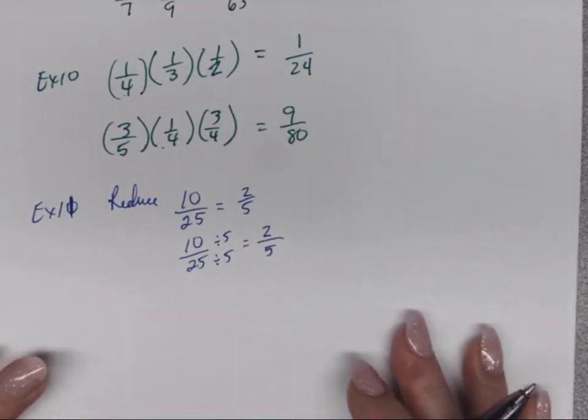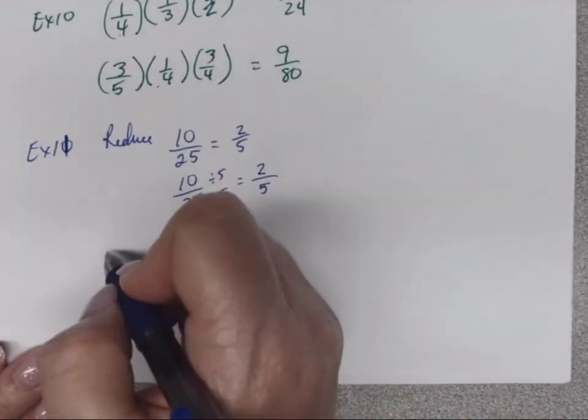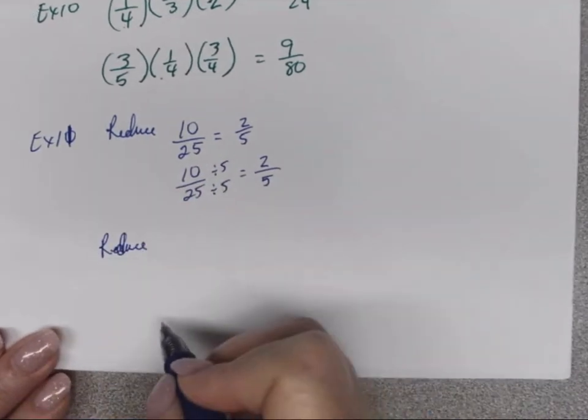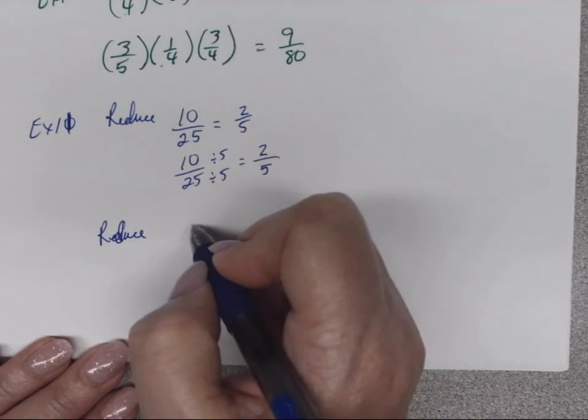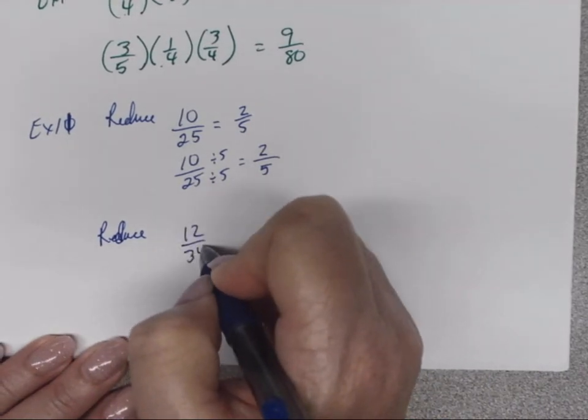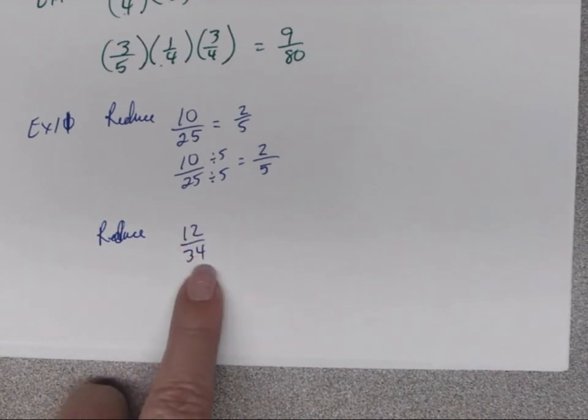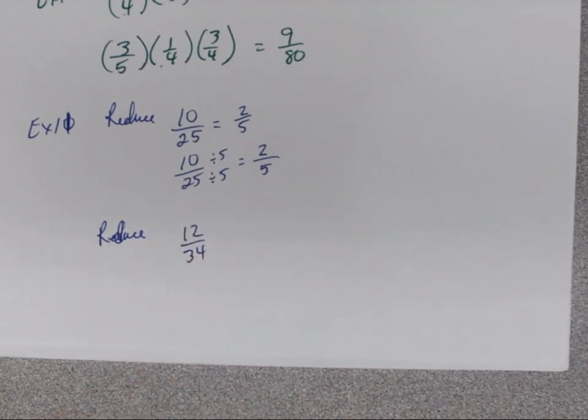Either way. Now on the next one, we're still reducing. Sorry about my D, it got a little messed up there. 12 over 34. Now, off the top of your head, you might not know what they both divide by, but if they're both even, you can divide by 2. I end in a 2 here and I end in a 4 here, so I know they're both even numbers.